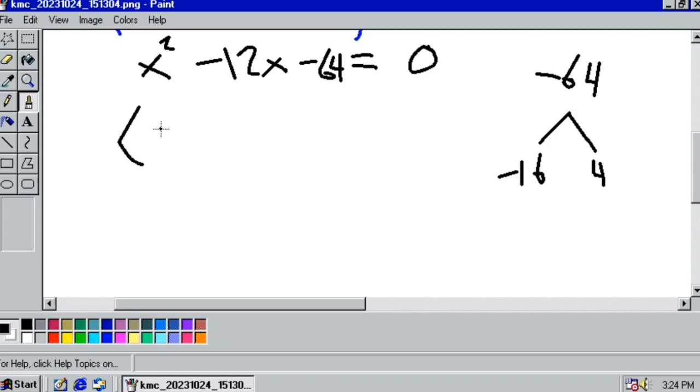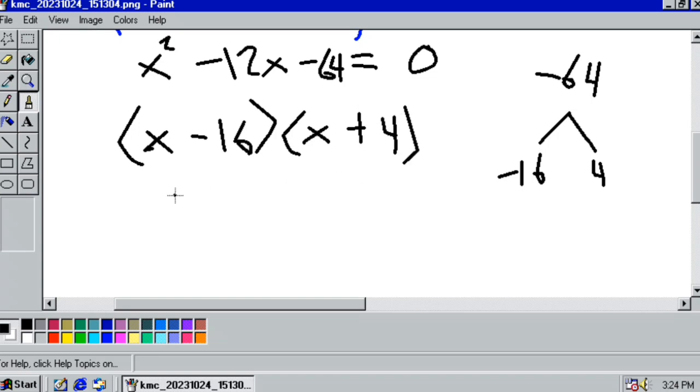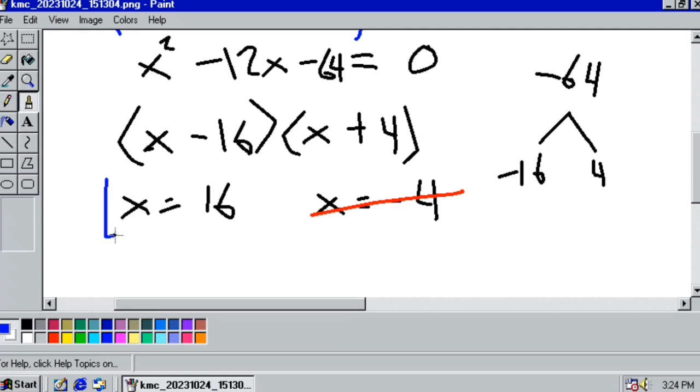So let's have x minus 16 and x plus 4. Now we can equate it to 0 or just change the signs. So we have x is equal to positive 16 and x equal to negative 4. Now since the number of photocopiers can't be negative 4, we'll eliminate that. Now we have 16 photocopiers sold.